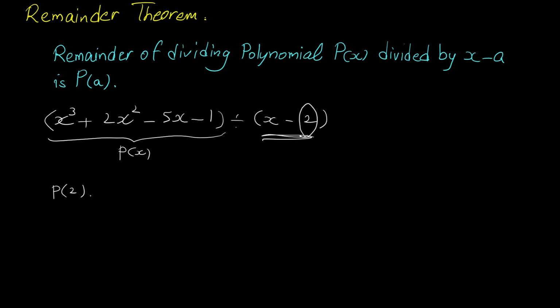To find the remainder, simply plug in 2: it would be 2 to the 3 plus 2 times 2 to the 2 minus 5 times 2 minus 1. This equals 8 plus 8 minus 10 minus 1. 16 minus 10 is 6, 6 minus 1 is 5. So the remainder is 5.